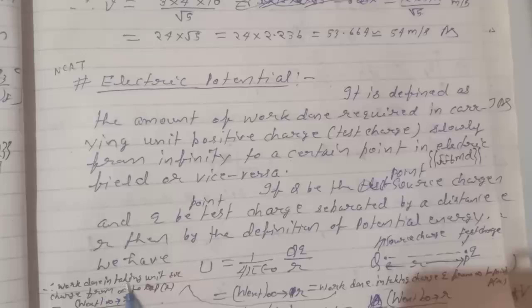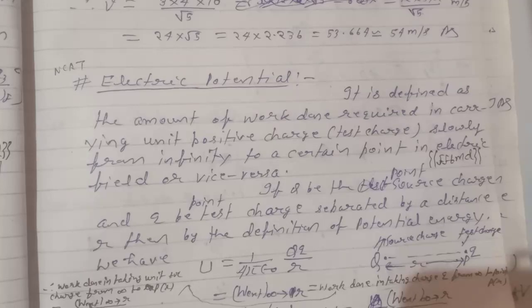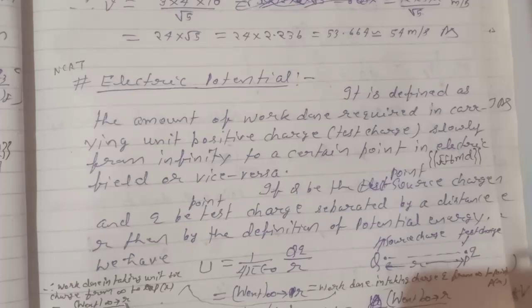Hence work done in taking unit positive charge from infinity to the point P will be equal to the external work done from infinity to r divided by q. That is, we have divided it by charge q, so this will give the unit work done. So by definition, this work done on a unit positive charge is equal to the potential of the system.